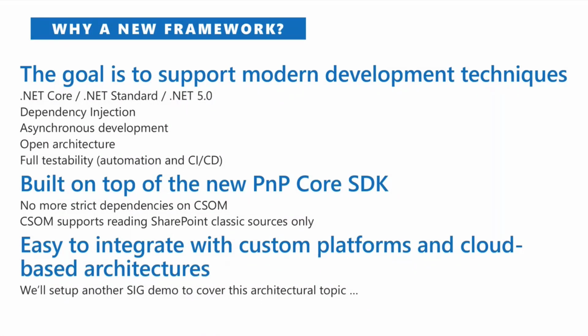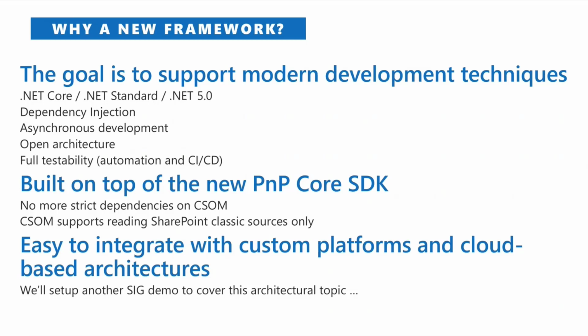And it is built on top of PnP Core SDK for that reason, because we want to reuse what we learned to do while building the PnP Core SDK. And so we are using the PnP Core SDK engine and Pages API under the cover, and we have built a new framework on top of it, reusing the reading part, reading from SharePoint Classic, and still using CSOM in there.